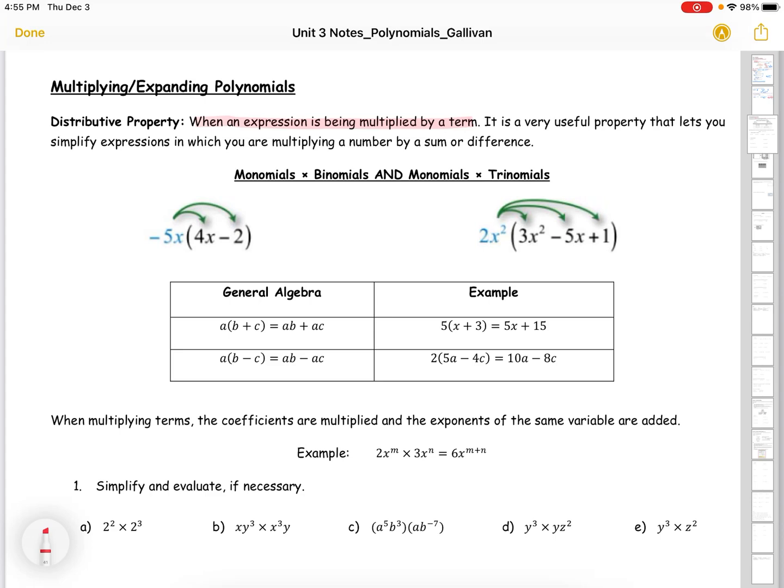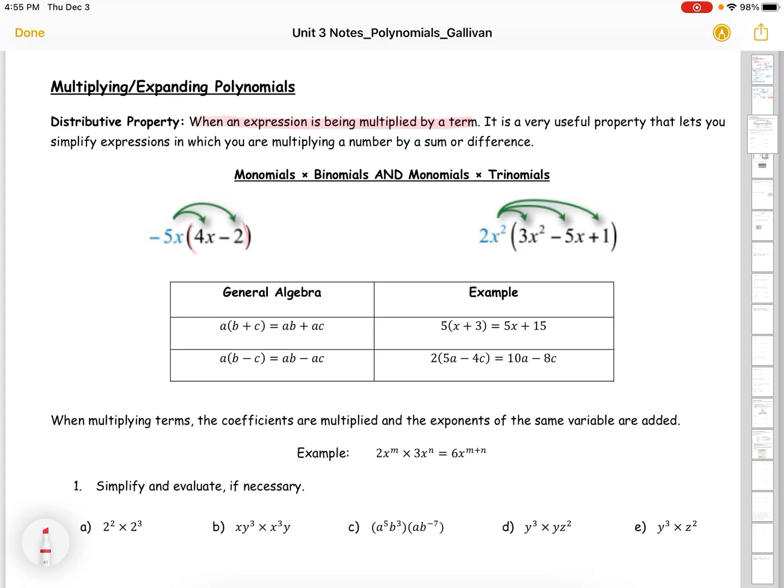So for example, I have 4x minus 2 in brackets here, and it's multiplied by negative 5x. Now, there's variables. If it were numbers, we would just simplify in the brackets first and then multiply, but we can't do that. So we have to be able to distribute. So what we do is we multiply each term by the numbers outside the brackets.